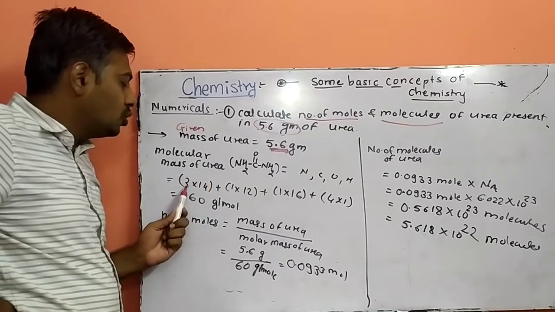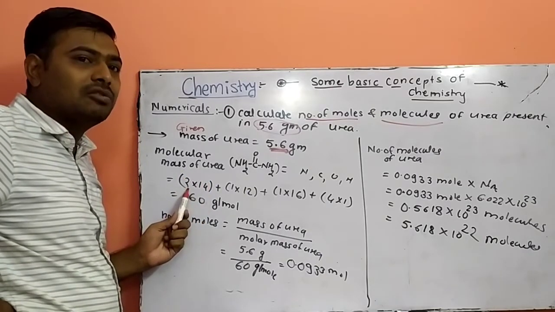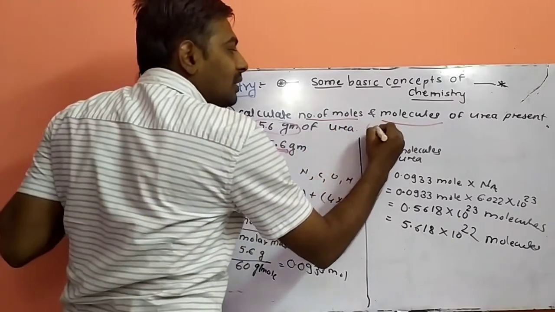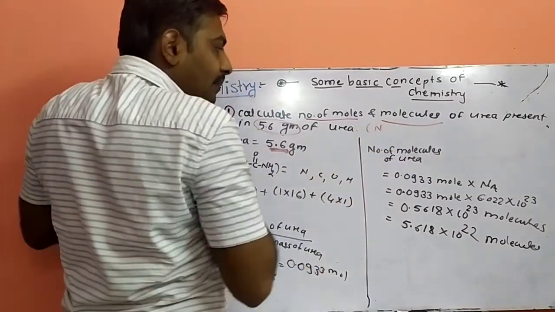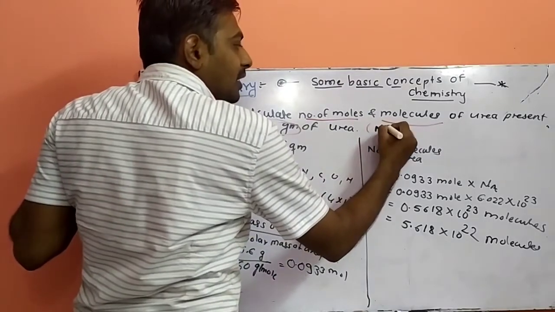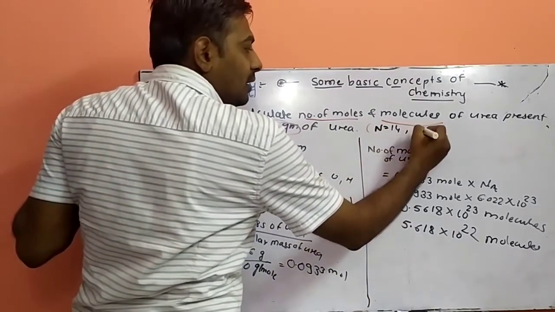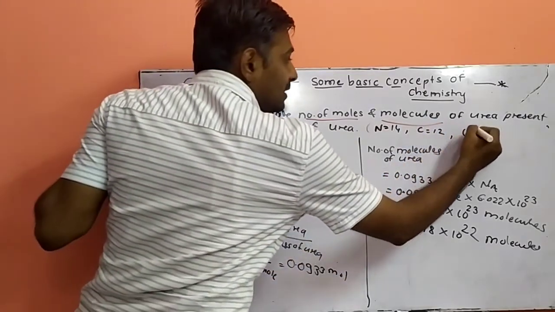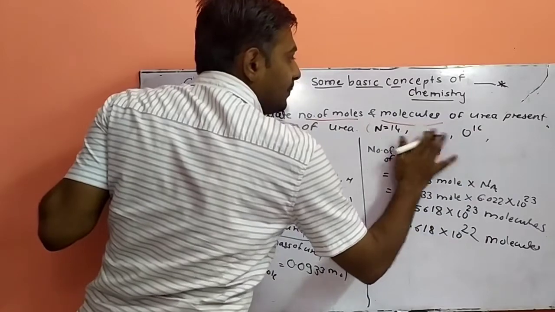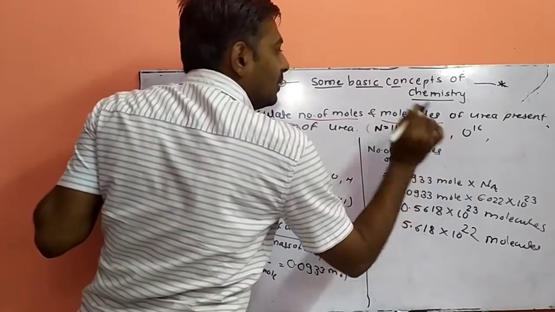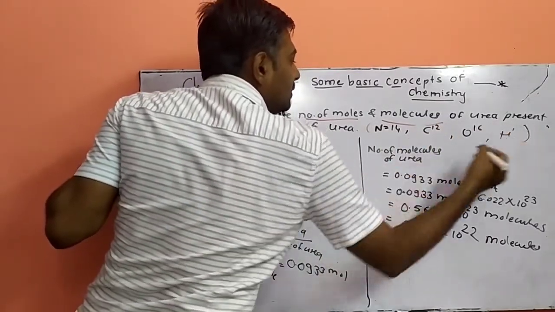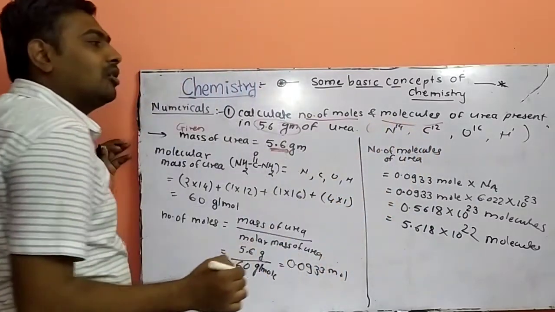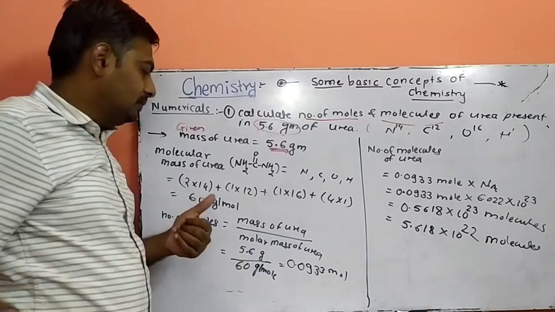So 2 multiplied by the atomic mass of nitrogen, which is 14. If atomic masses are not given, then we have to remember them: nitrogen has 14, carbon has 12, oxygen has 16, and hydrogen has 1.